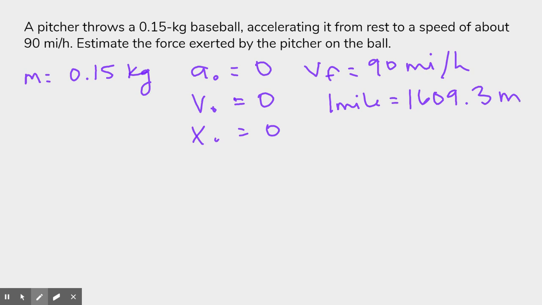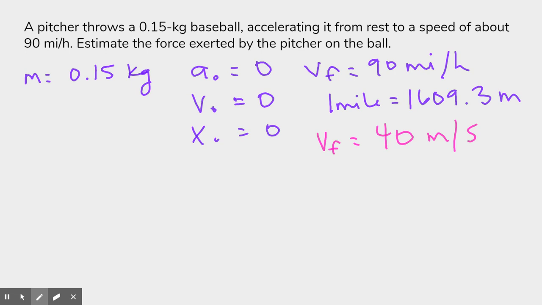Pause the video and do that. Okay, so if you have converted this correctly, you should have found that this final velocity is actually about 40 meters per second. And if you need assistance with that, please post in the discussions or reach out to me.